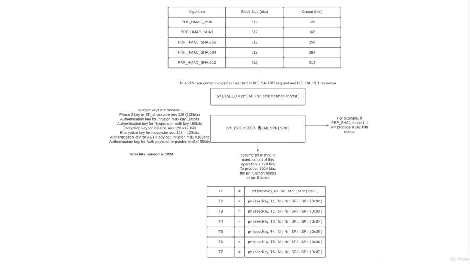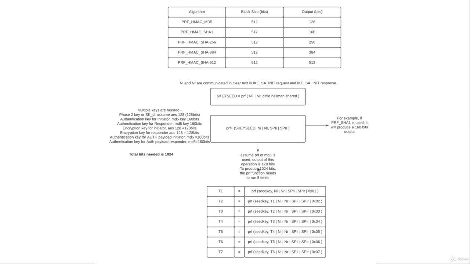So, if we run the pseudo-random function using MD5, we would get 128 bits. Now, we need way more bits to create the keys needed for the IKE version 2 different functions. Assuming that we are using AES 128-bit for both encryption and phase 2, as well as MD5 for authentication, we would need 1024 bits.